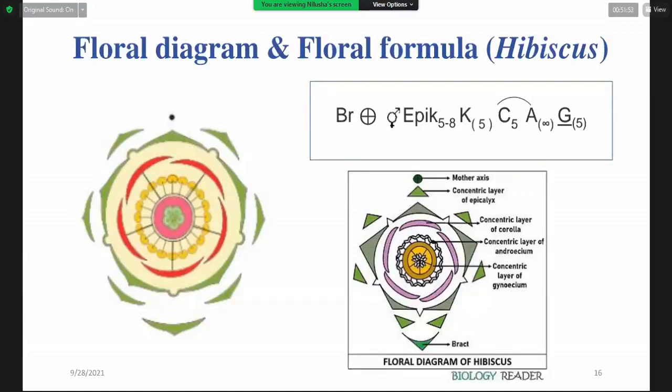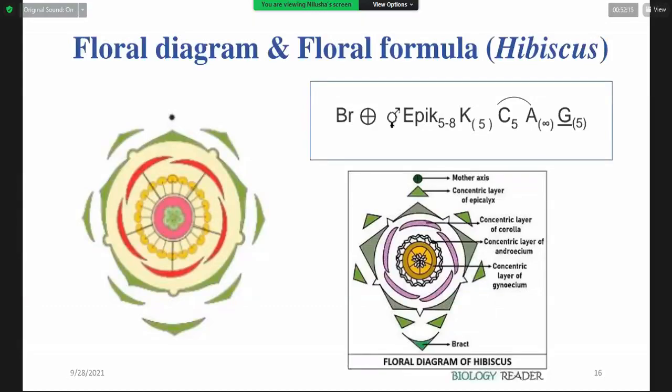Next is the androecium. The androecium has numerous stamens. The androecium is formed by the staminal tube, and it has the epipetalous condition.